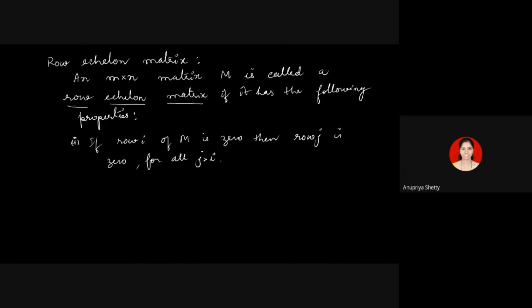Try bringing the picture of such a matrix in front of you. If there is some row which is a zero row consisting of only zeros, how many entries does each row have here? Look at the number of columns. It has n columns, so each row will have exactly n entries. If there is some ith row which has all zeros, so it has exactly n zeros in it, then the first condition says that any row j where j is greater than I, that is, all the rows which appear below that ith row, all of them should be zeros.